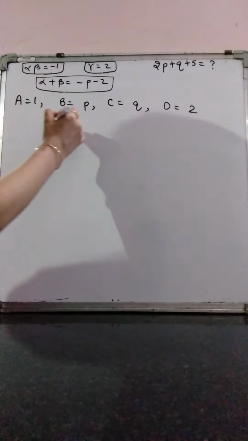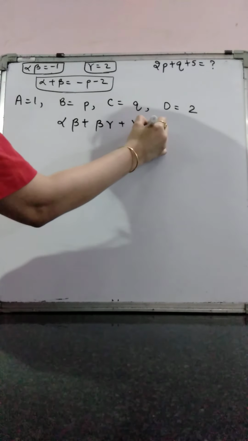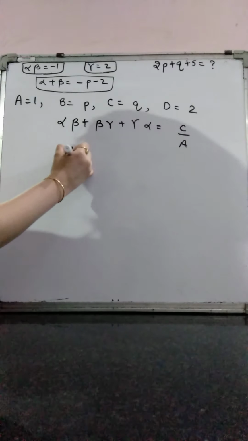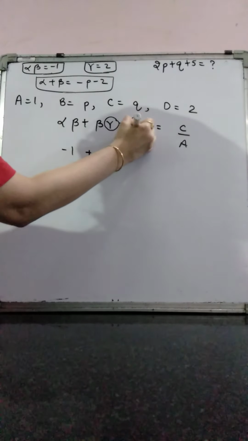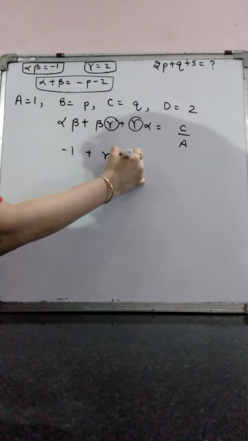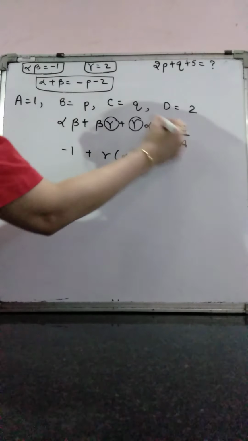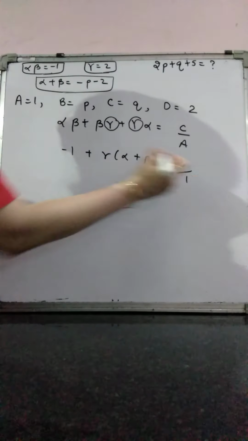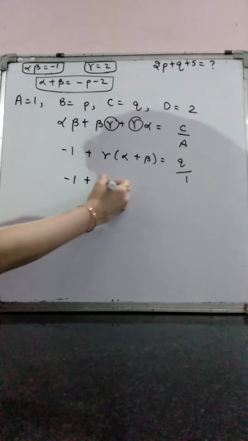Now apply the formula. Alpha beta, beta gamma, gamma alpha is c by a. For alpha into beta, write minus 1. Take gamma common. Alpha plus beta, the value of c is q and the value of a is 1. Substitute value of gamma, that is 2.